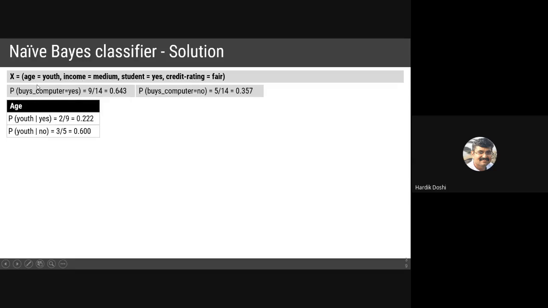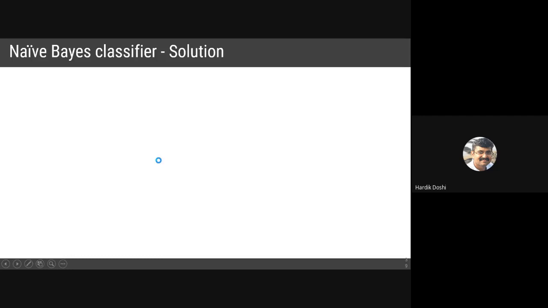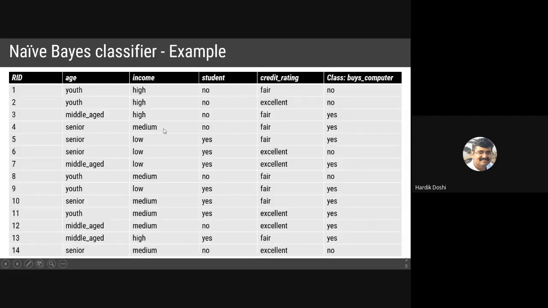Income. After age, income. So check the records with medium income, again doing the same thing: medium yes, medium no. Income medium, yes 1, 2, 3, 4.